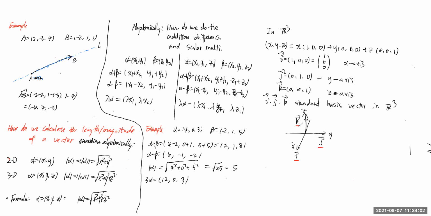And also, in case you forget it, in R2 we have (x, y) equals x(1, 0) plus y(0, 1). We have i as (1, 0), j as (0, 1). It's called the standard basis vectors in R2.